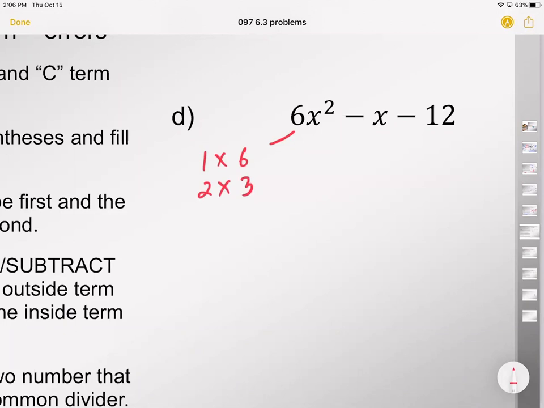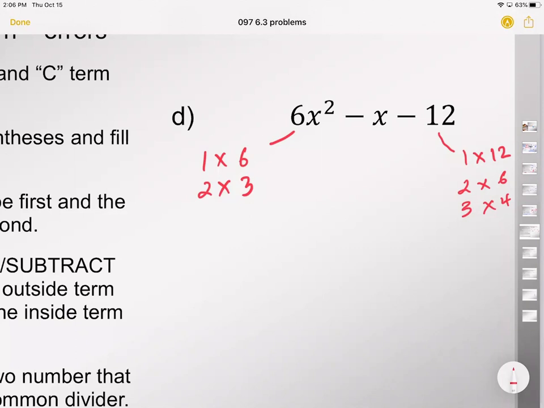And then we have to find a multiple of 12. In this case, we know that 1 times 12 is 12, 2 times 6 is 12, and 3 times 4 is 12. Again, the next number is 4 times 3. We repeat, meaning there is no other multiple of 12 besides these three.